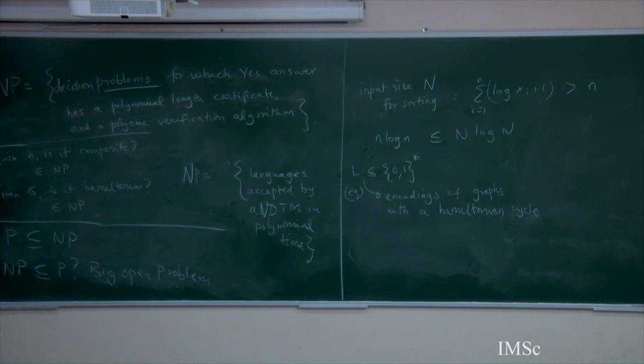Hamiltonicity is an example where we saw that it is actually in NP, and I told you that there is no polynomial time algorithm so far. Doesn't that prove that this question of is it Hamiltonian belongs to NP but not in P?